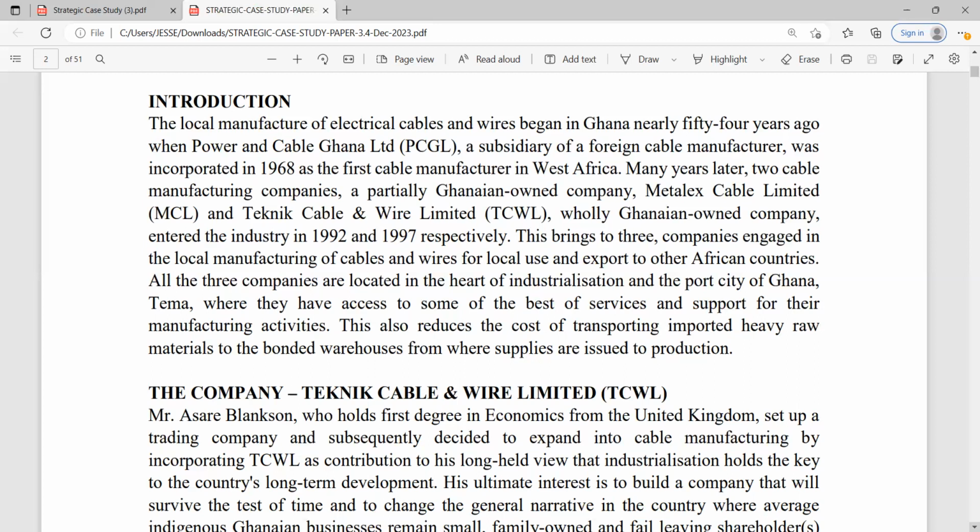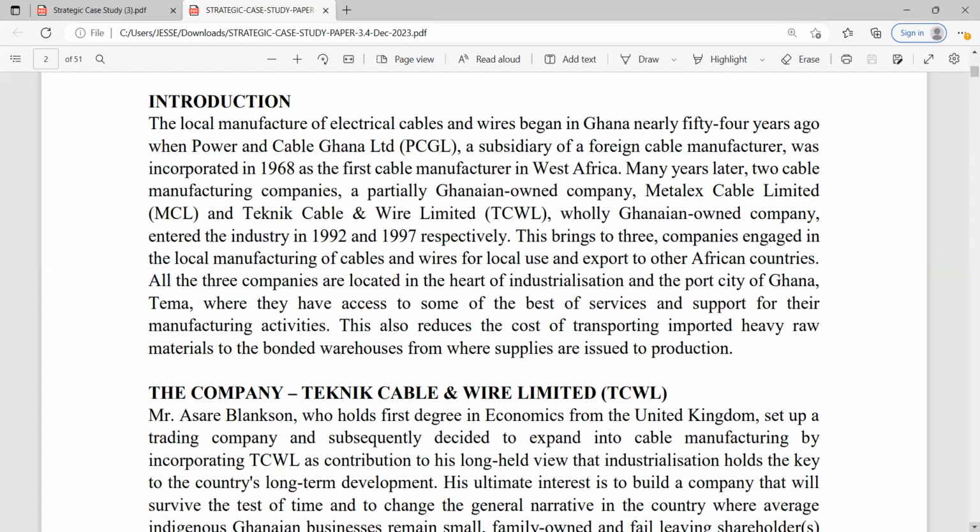So what do we think about in terms of competition here? When we look at the country Ghana, and we try and understand the country Ghana from a competitive standpoint, we would realize that because the whole manufacture of electric cables and wires has begun in Ghana, Ghana would gain a competitive advantage over other West African countries if they utilize this opportunity very, very well.